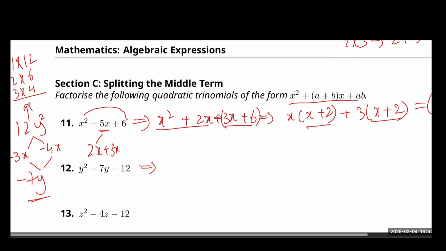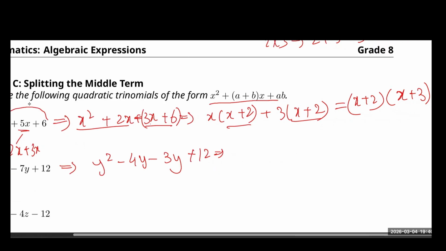So, sorry, y squared minus, always remember, try to write the bigger value first, and minus 3y. Okay, it's y, by the way. So that's 3y. And plus 2y, right?